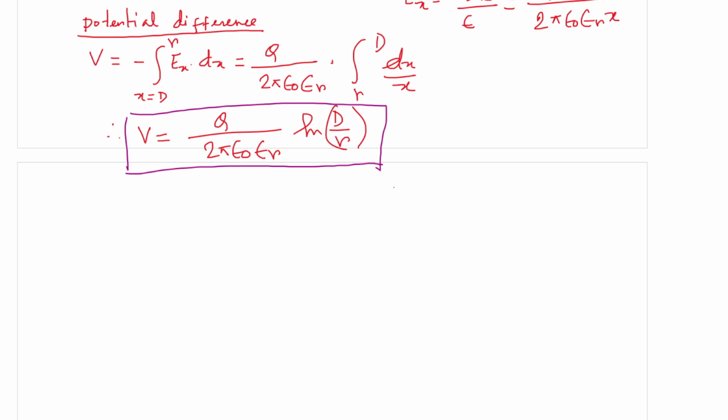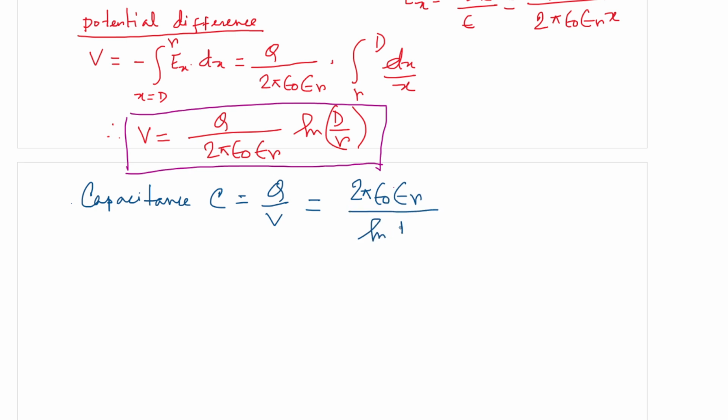Now, what will be the capacitance? Capacitance C will be equal to charge per voltage, q by V. From this expression it should be 2 pi epsilon 0 epsilon r by ln d by r. Now the unit of this capacitance as derived in this formula is not microfarad, but microfarad per meter.